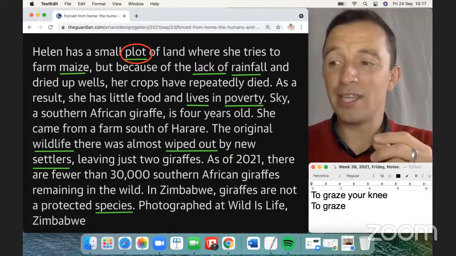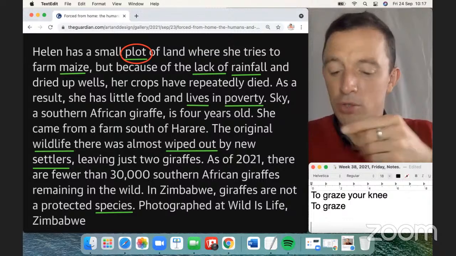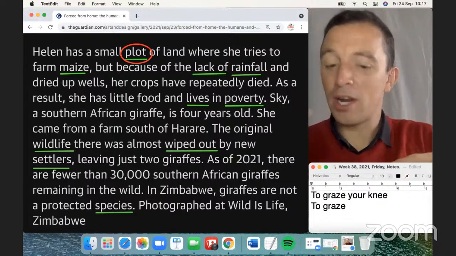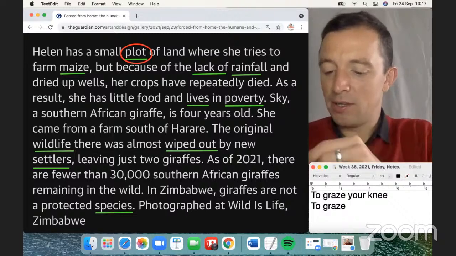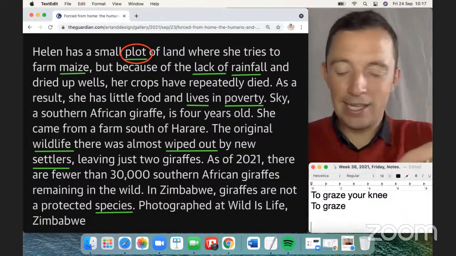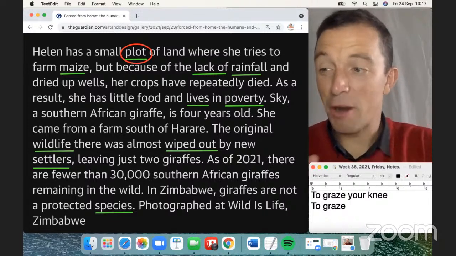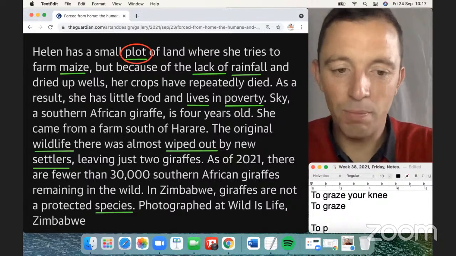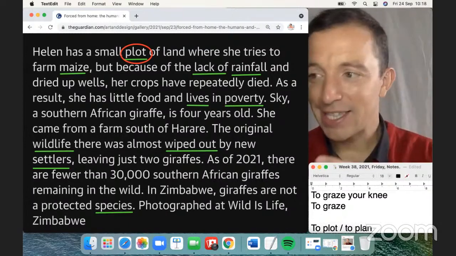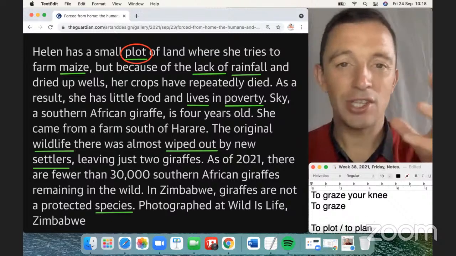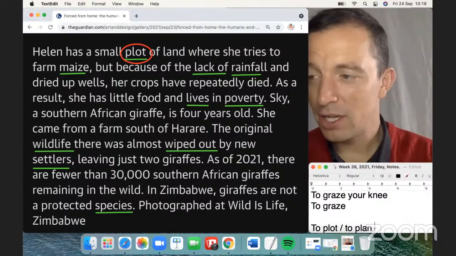So it's the same context really, because you have a plot of land, but the verb to plot is to organize your trip. For example, today we are in Dublin. Tomorrow we are in Italy. The next day we are in Brazil. You're plotting. So you're planning. That's the significance to plot. But the context is a little negative, and it's related to a person planning something negative.